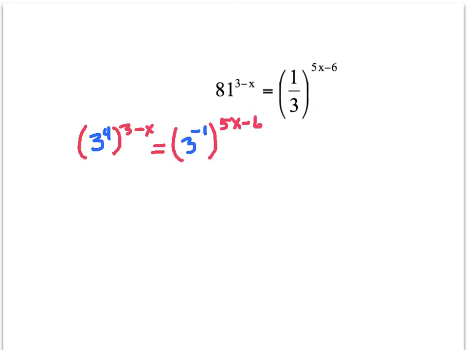I have some nested exponents that I'm going to go ahead and simplify by multiplying. And so we'll say that 3 is raised to the 4 times this quantity, 3 minus x. And on the other side of the equal sign, 3 will be raised to the negative 1 times this quantity, 5x minus 6.